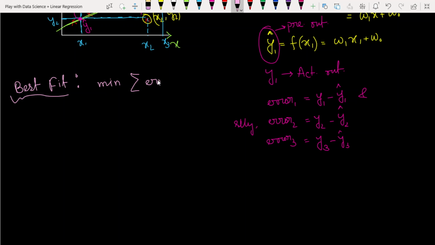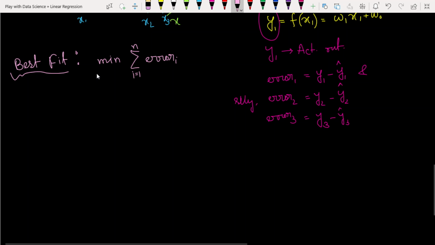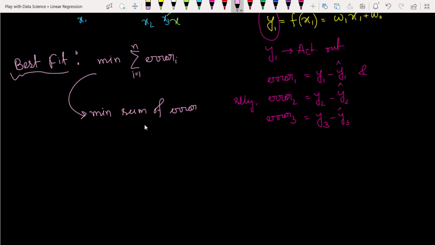The sum of errors depends on our number of data points. Hence, if we write it mathematically, it is the minimum of the sum of errors across our training data. This is the main thing.